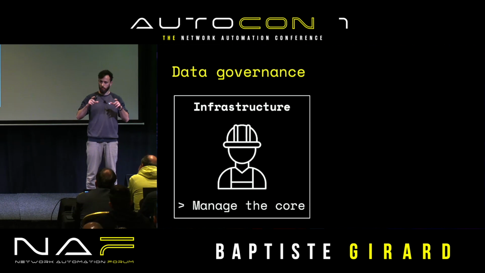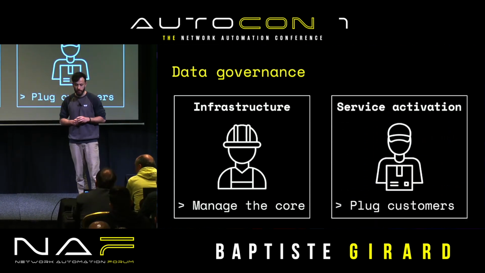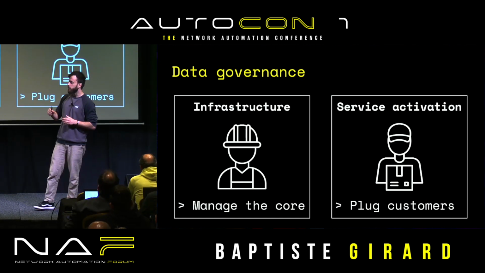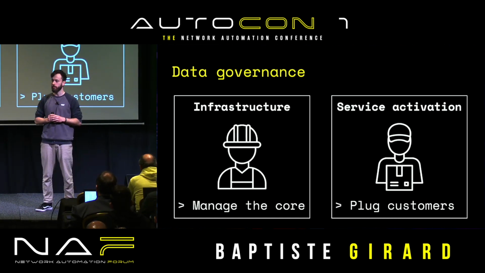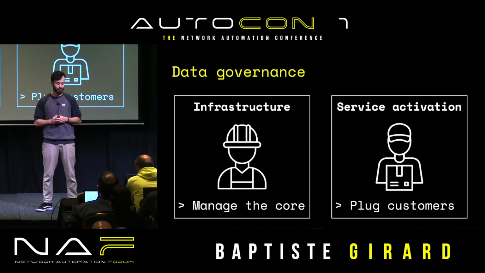So operate all those routers and switches, make sure that circuits are connected and that the whole thing is running smoothly. The second team is called service activation, totally separate from the first one, and their mission is to connect new customers onto the platform. So really they bring this last customer segment there.